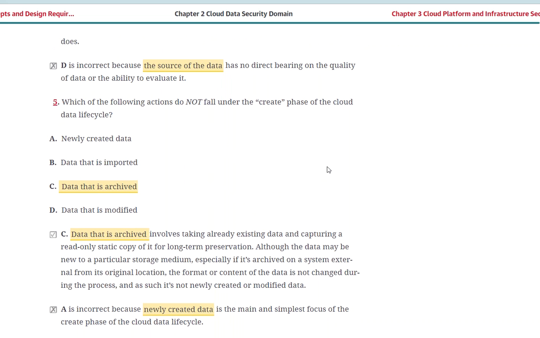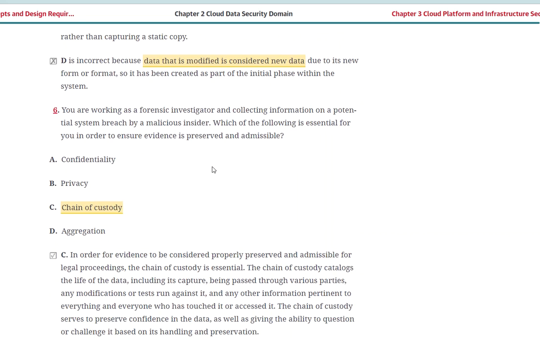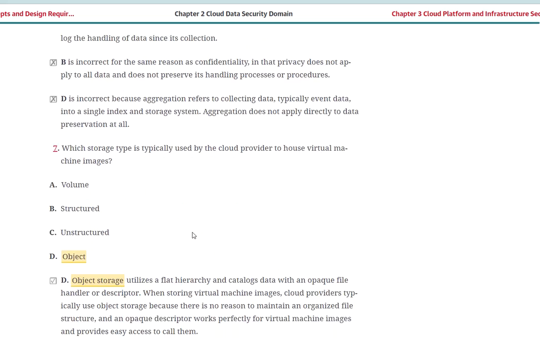And the correct answer is data that is archived. Question 6. You are working as a forensic investigator and collecting information on a potential system breach by a malicious insider. Which of the following is essential for you in order to ensure evidence is preserved and admissible? And the correct answer is the chain of custody.